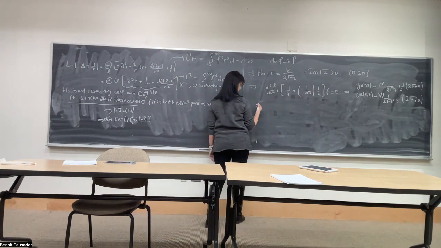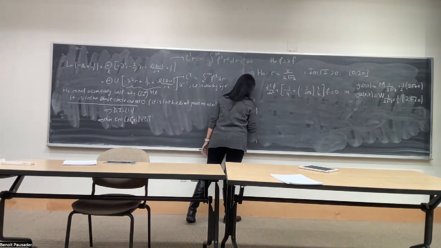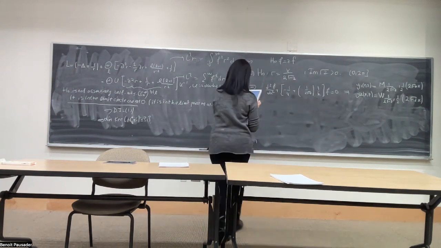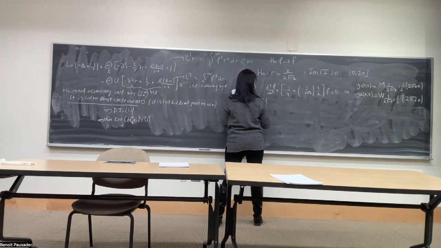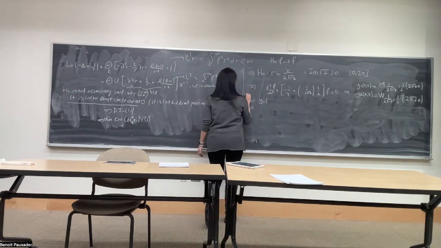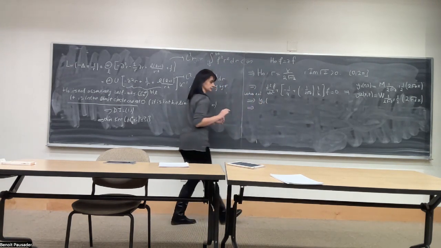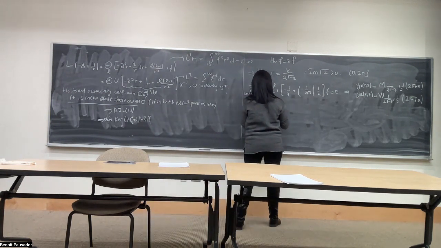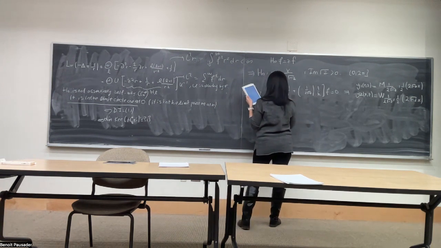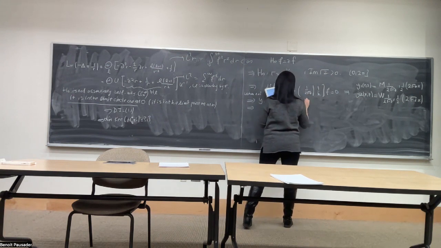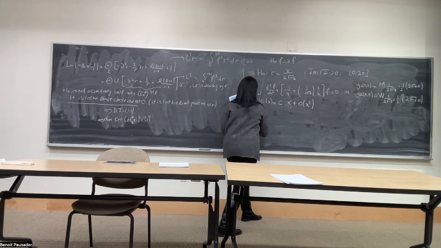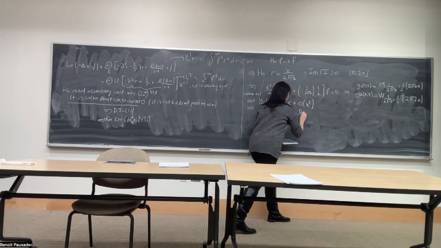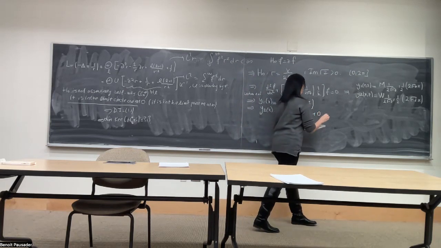Near zero, one of them looks like some constant times x, plus x squared terms, and the other looks like some constant plus another constant times x.